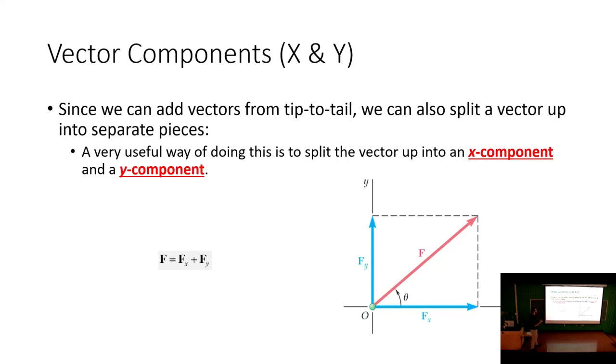So a very useful way of splitting up a vector is into its x and y components. The cool thing is, remember, if you have vectors that are all along the same line of action, all along the same direction, I can just add up their magnitudes, and it's a lot more systematic. The convenience of using the x and y coordinate system is I can develop a pretty standardized means of defining every vector in terms of their x and y components.